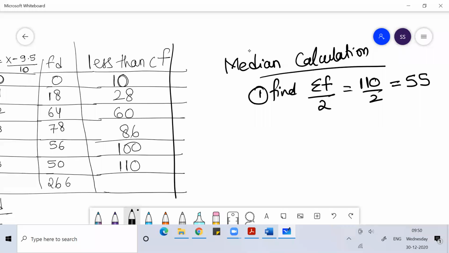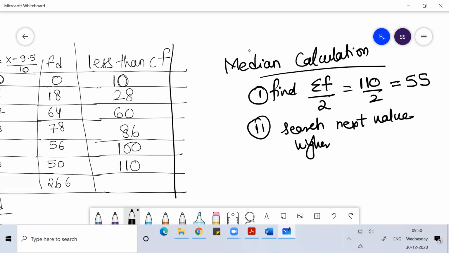Once you find the sum of f by 2, which is 55, search for the next value higher than 55 in the less than cumulative frequency table.